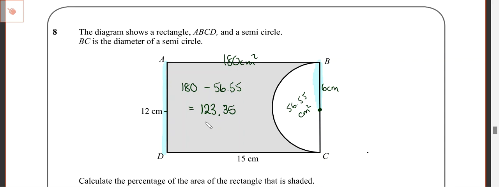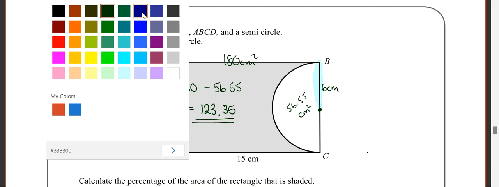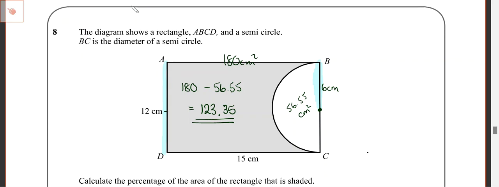So that's the area of the shade. Now, just to finish this up, the question says, calculate the percentage of the rectangle that is shaded. So this is prerequisite knowledge. This is something you should already have from your mock, because I've done it with you before.